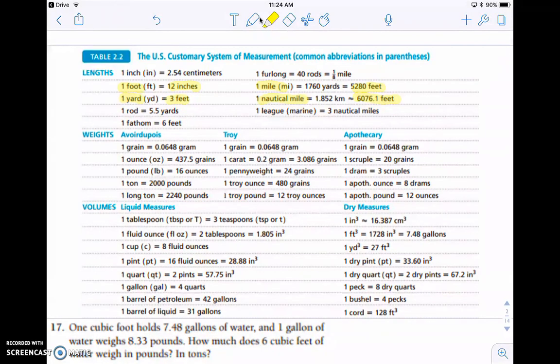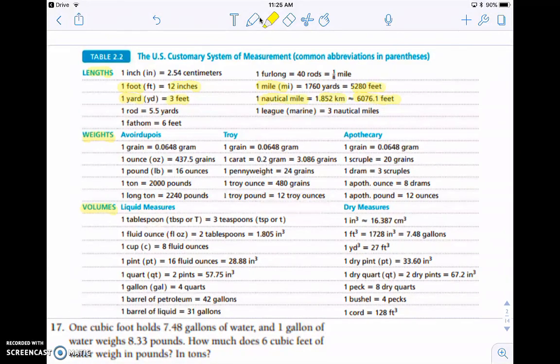And you can see we've mixed in a little bit of the metric system. But again, we can see that the U.S. customary system is quite large. So we've got lengths, weights, and volumes.